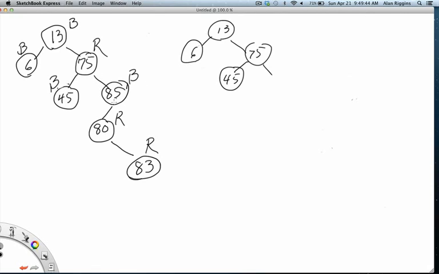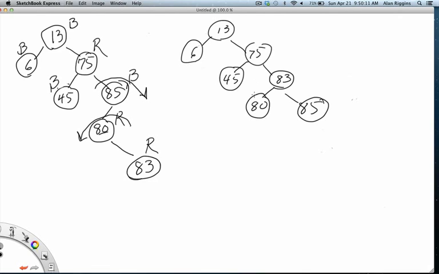The right subtree is empty. 85 needs to go this way, therefore the 80 has to go this way, which will pull the 83 up here. That will be the new top, or the new root. 83, 80, 85. So I've just done this in one step here to simplify.